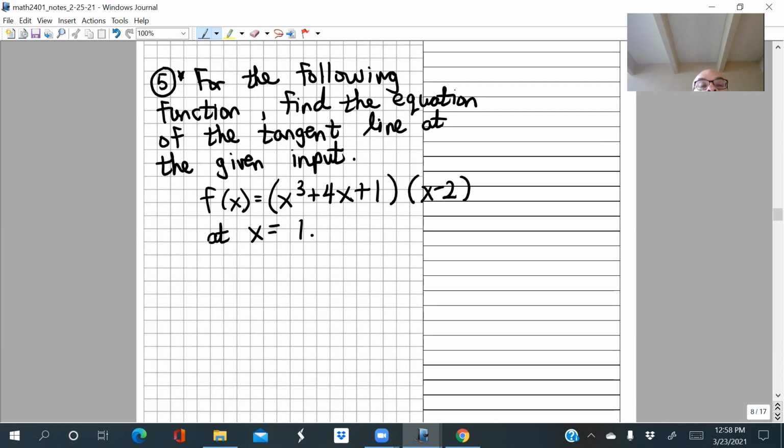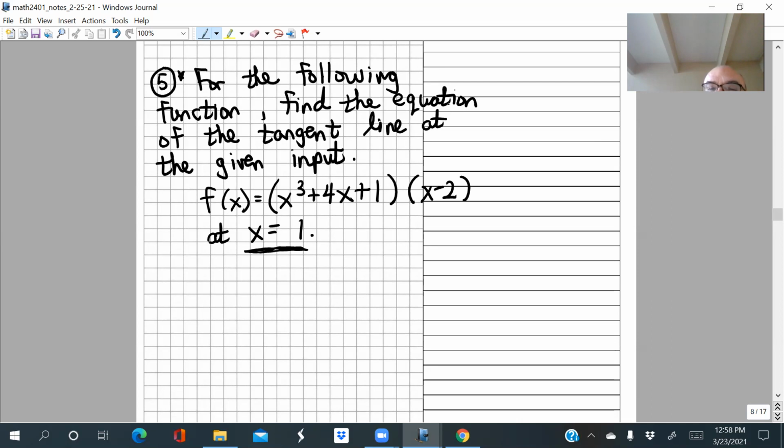All right, so let's look at these two problems and see if we can make some progress with them. It says for the following function, find the equation of the tangent line at the given input. The given input here is x equals 1. So we want to find the equation for the tangent line at x equals 1.